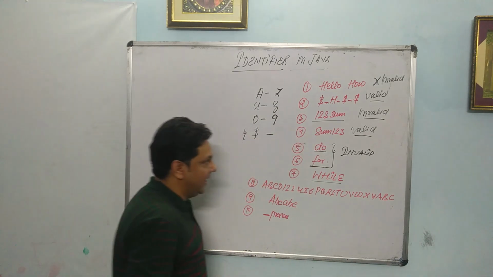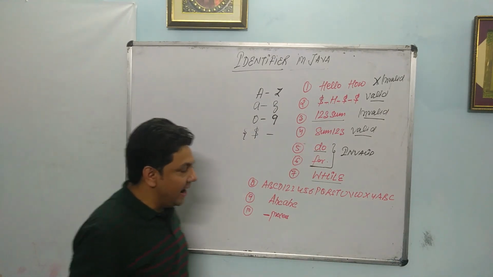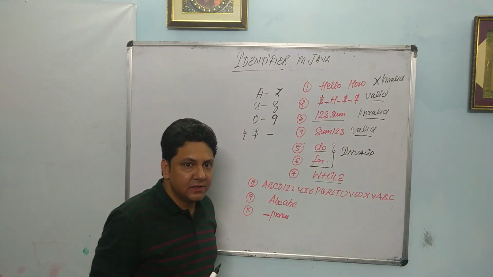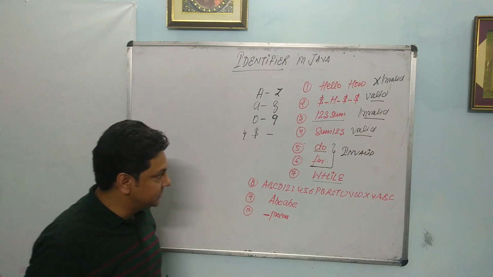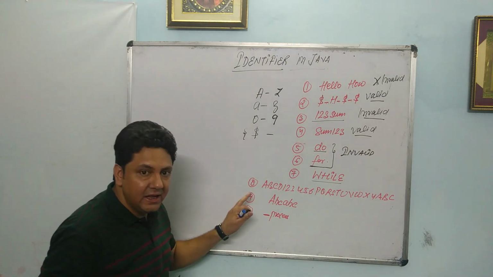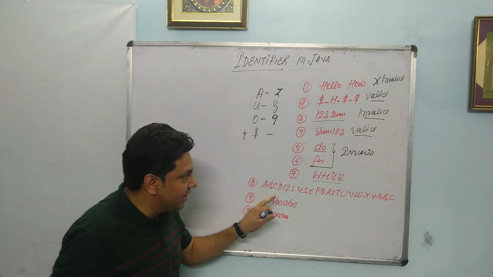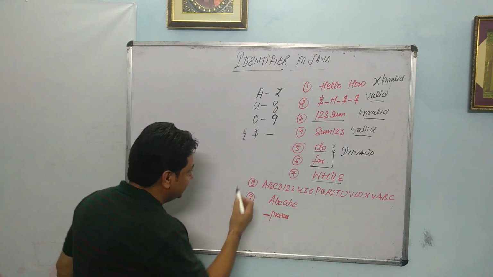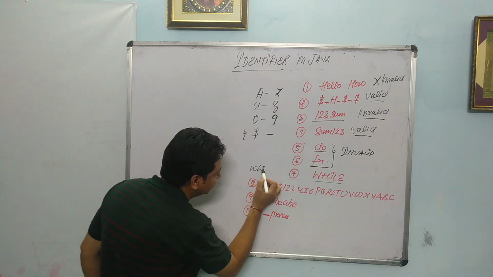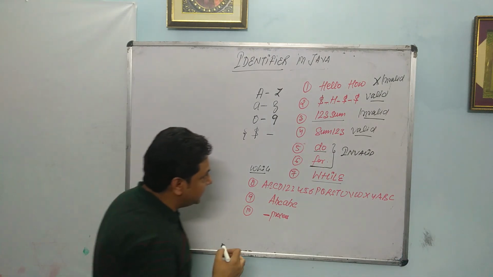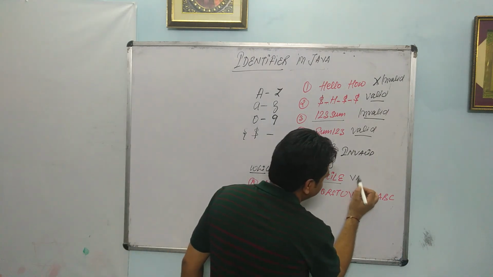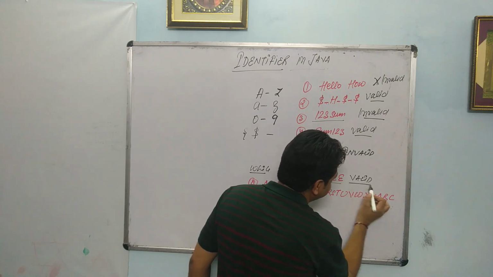While, what about while? Capital While is valid because small while is a keyword, but capital While is not a keyword. This one is a keyword, but this is not a keyword, so it is valid.